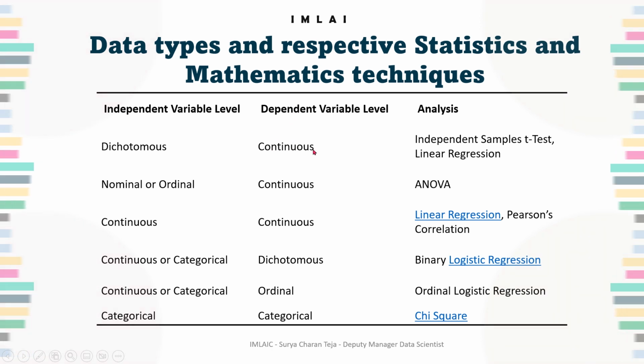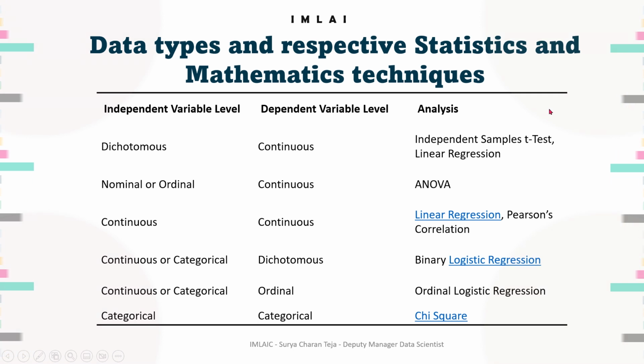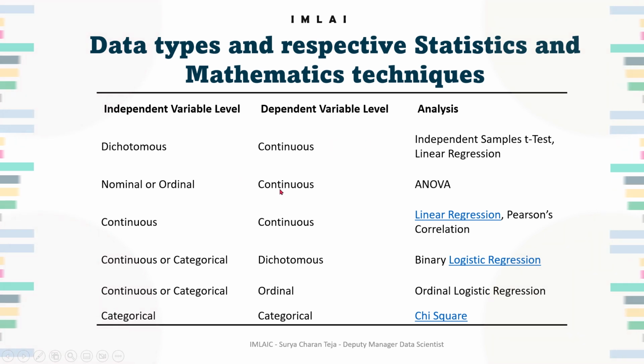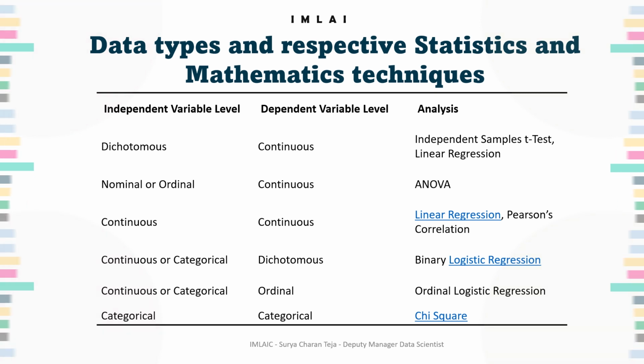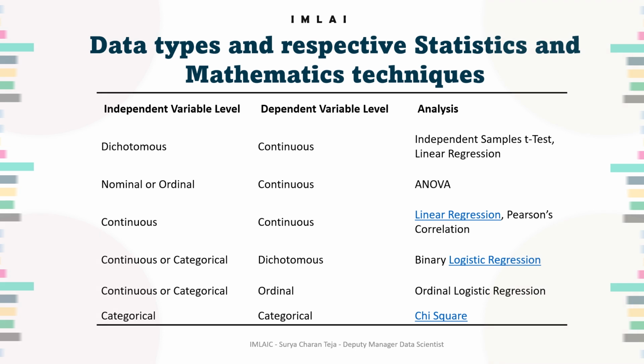Now the first case: if dependent is continuous and independent is dichotomous, then the following statistical techniques can be used. That is independent samples t-test, and linear regression can be applied to this. And second, if the dependent variable, that is our Y, is a continuous variable, that's numerical, and if X is nominal or ordinal, either one works, then we can go for ANOVA.